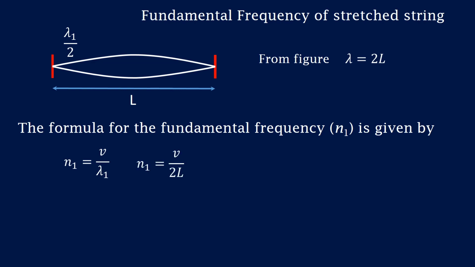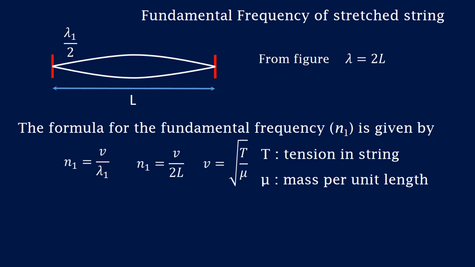We also know that the velocity of a wave V on a stretched string is given by the square root of tension divided by linear mass density mu of the string. Therefore, V is equal to under root of T upon mu. Substituting this expression for velocity into the fundamental frequency formula, we get N1 is equal to 1 upon 2L into under root of T upon mu.